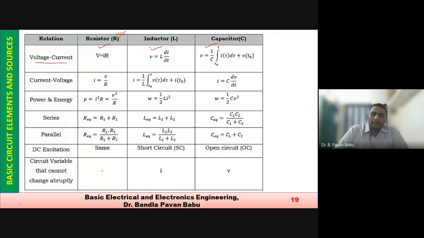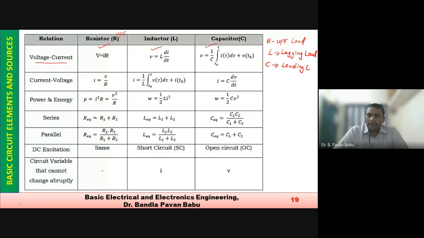Coming to the inductor, this load is called a lagging load. So the resistor can be called the unity power factor load, the inductor, denoted by L, can be considered the lagging load, and the capacitor C is called the leading load.